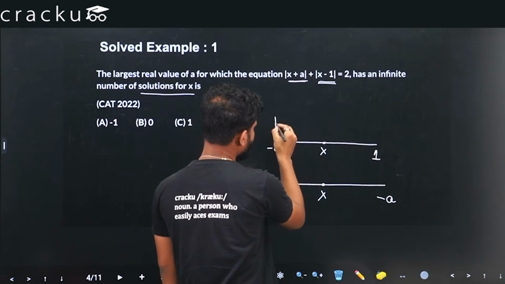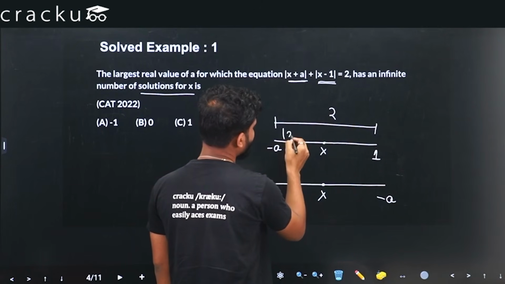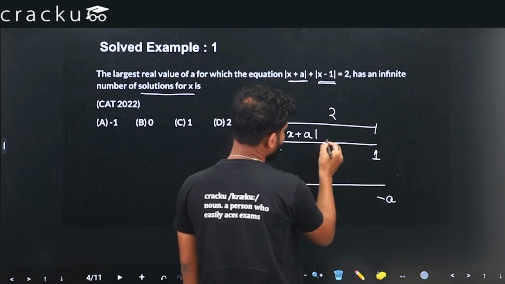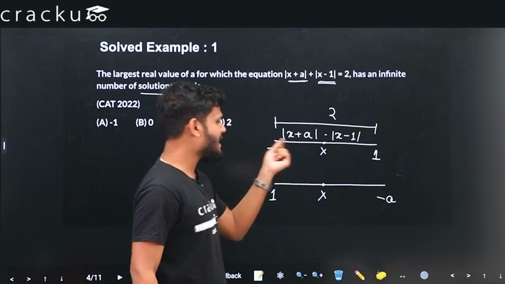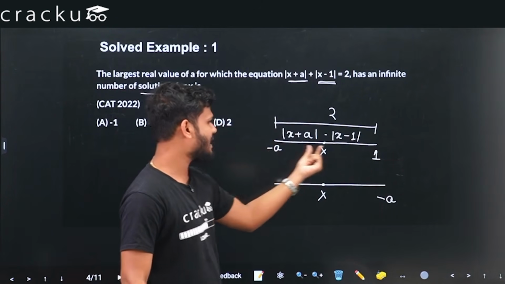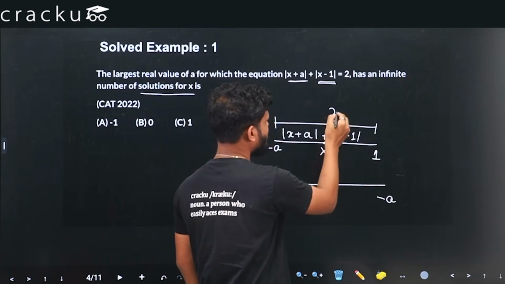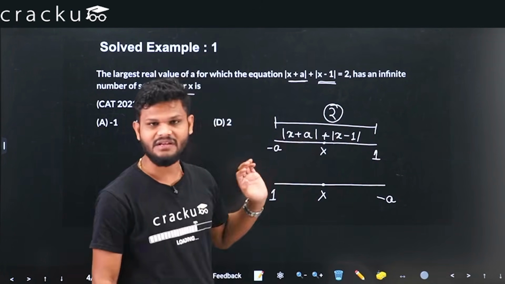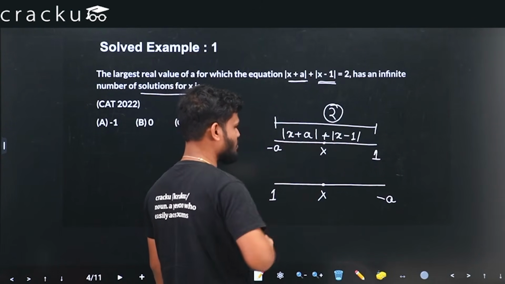If this distance is 2, it means that this distance is x + a and this distance is x - 1. For any value of x which lies between minus a and 1, the addition of these distances will be equal to 2. Hence it will have infinite solutions. Why? Because there are infinite values of x in between these two.